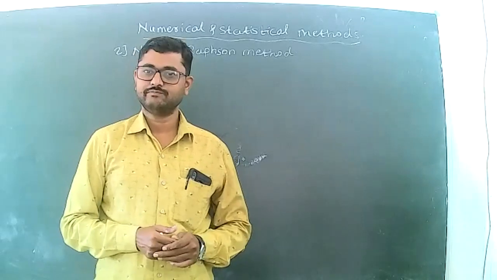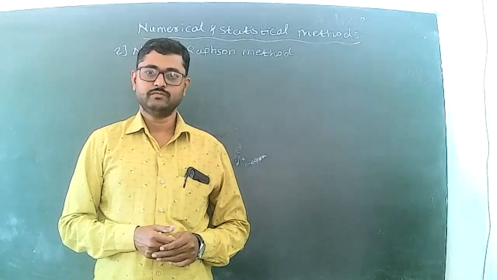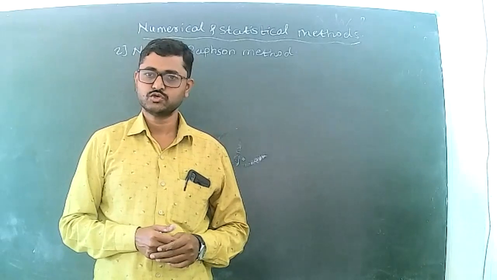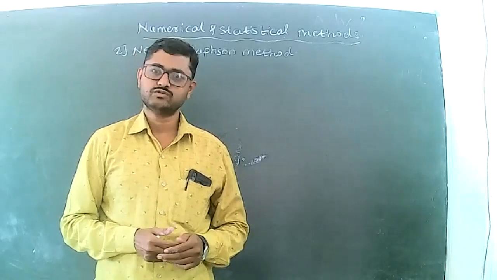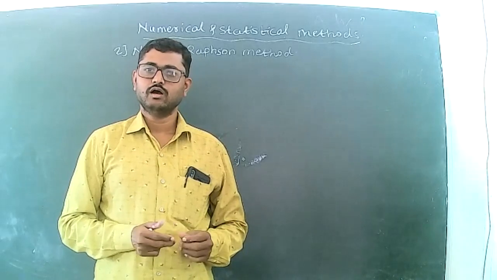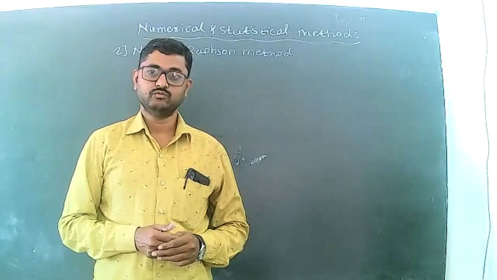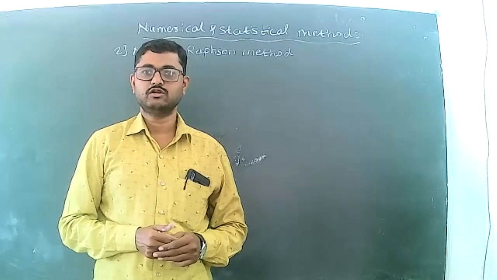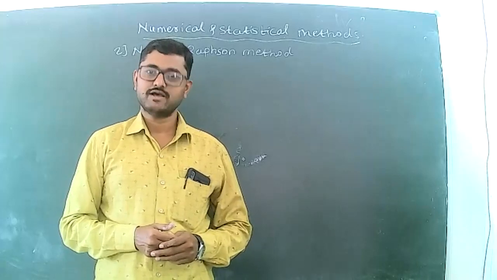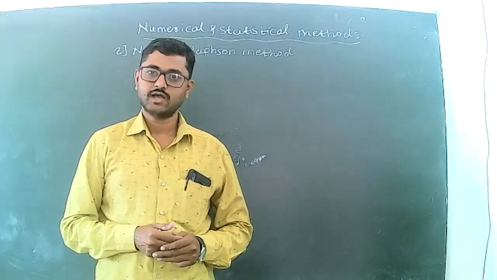The subject is Numerical and Statistical Methods. Unit number 1 is roots of equation and simultaneous equation. In the previous lecture, we solved numericals on the bisection method. The first part of unit 1 is roots of equation, where we find the root of an equation using two important methods: first the bisection method and second the Newton-Raphson method.